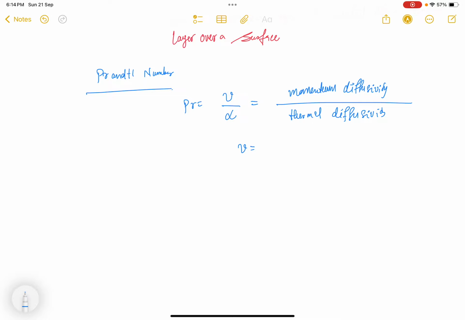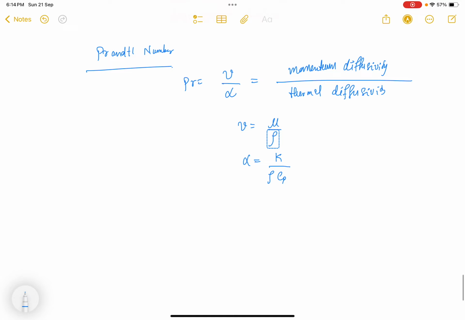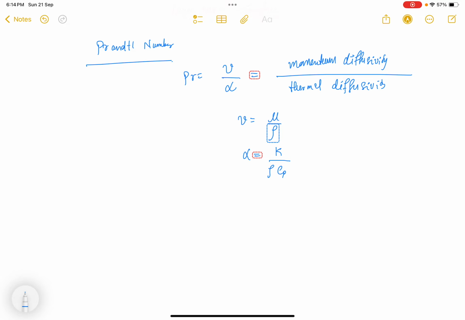Mu is nothing but viscosity of the fluid divided by density, and alpha is nothing but thermal conductivity of the fluid divided by density of the fluid times specific heat of the fluid. So if we plug in these values, we will get mu Cp by K of fluid.